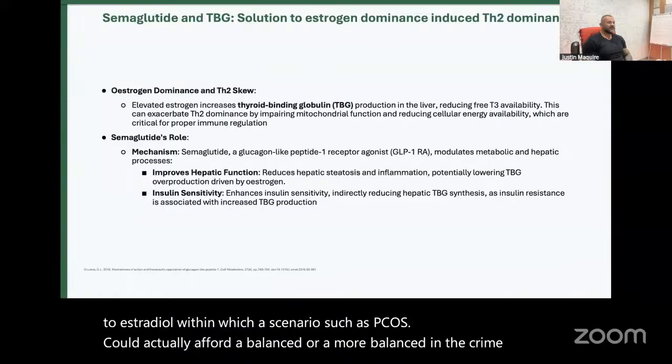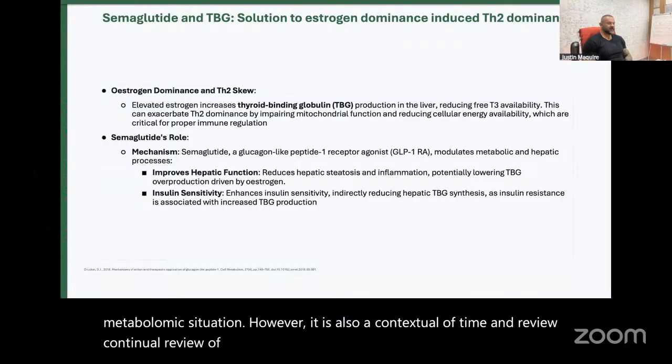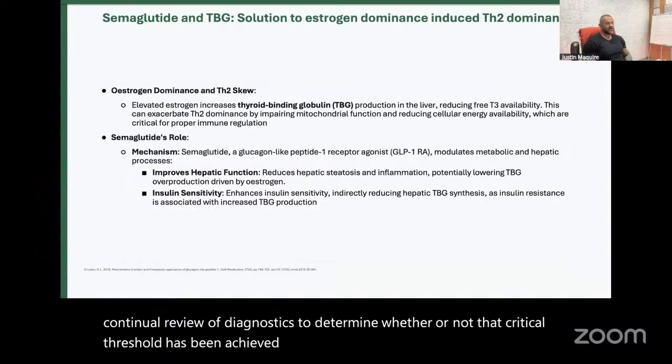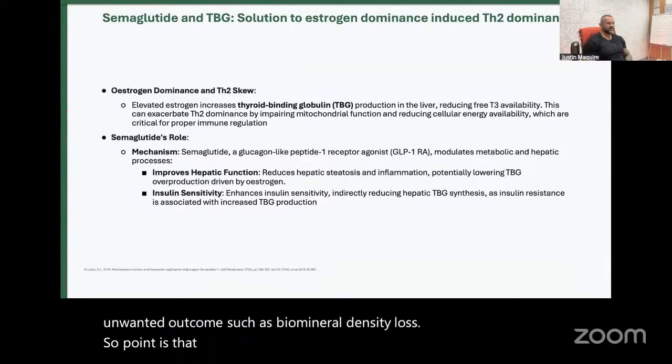However, it is also contextual of time and continual review of diagnostics to determine whether or not that critical threshold has been achieved, at which point it may be causing an unwanted outcome such as bone mineral density loss. So the point is that it is a powerful molecule, but your thyroid needs to be working effectively.